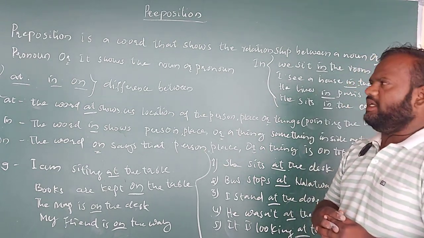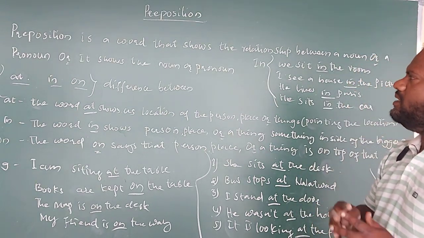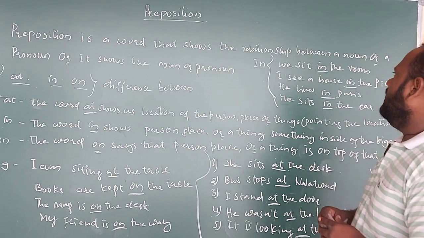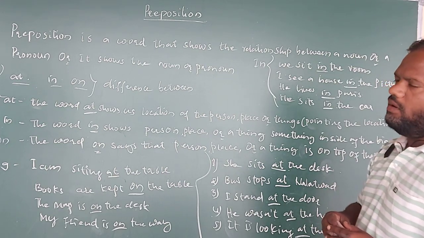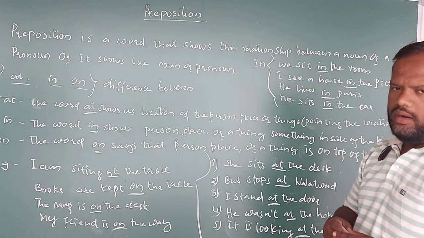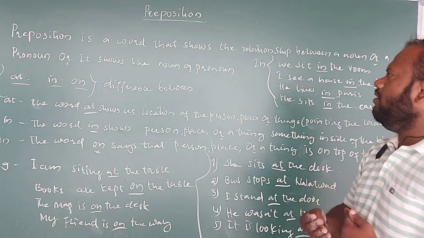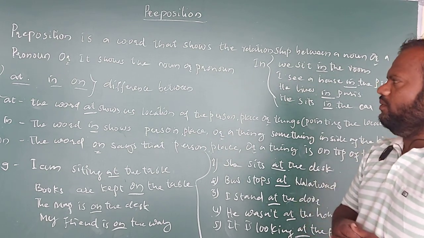The definition of a preposition is: a preposition is a word that shows the relationship between nouns or pronouns, or it shows the position of a noun or a pronoun.